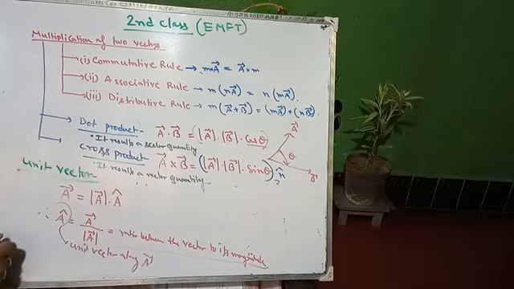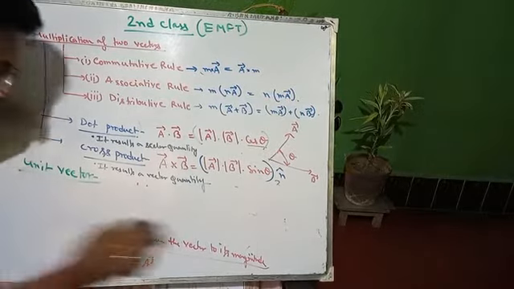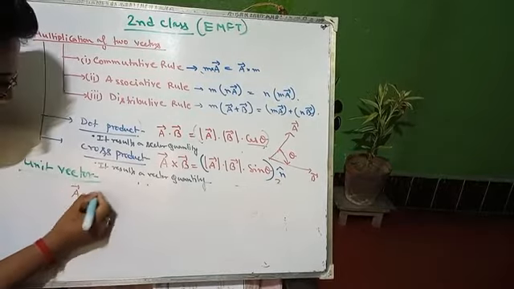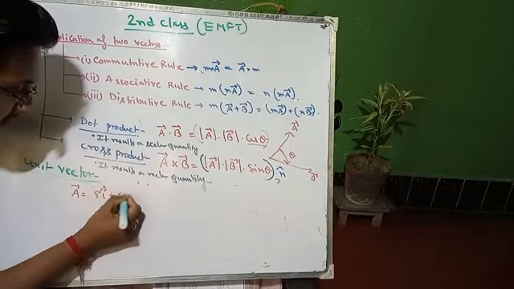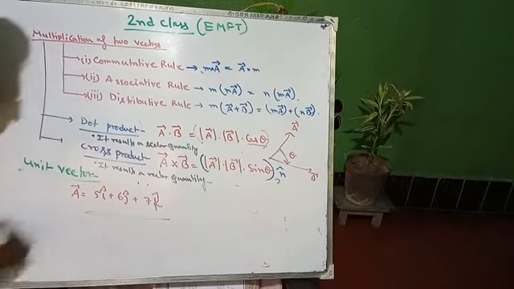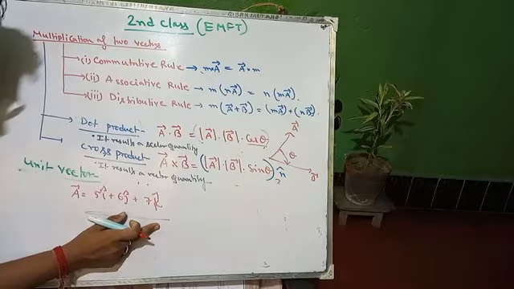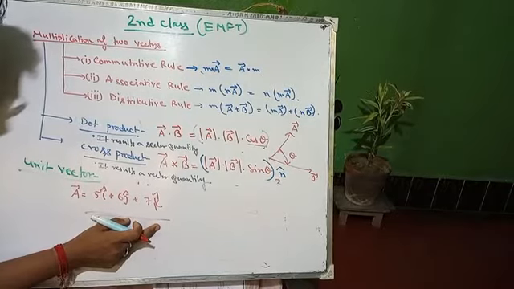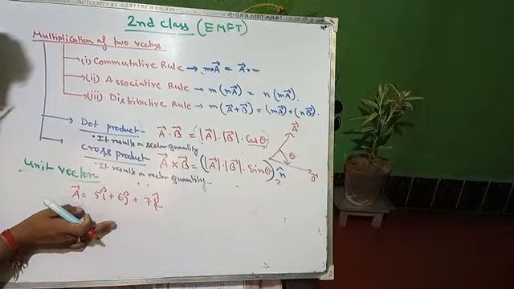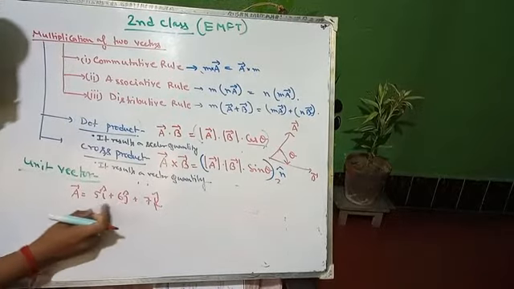Suppose we consider the A vector equals 5 i cap plus 6 j cap plus 7 k cap. What do you mean by this statement? This is a vector representation, right? In your 11th or 12th standard, I think you can easily understand this type of concept. Any vector can be represented by i cap, j cap, k cap.